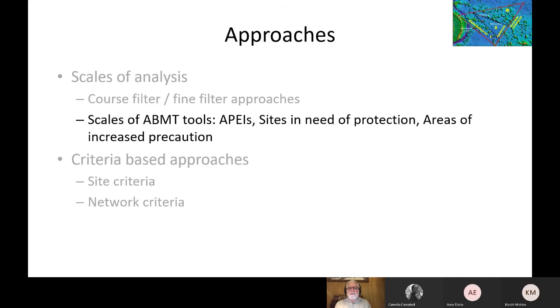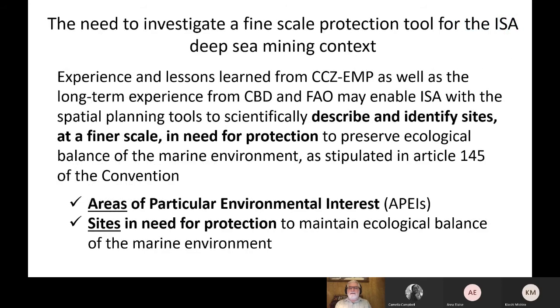When we're thinking about these area-based management tools, we need to think about a collection of different tools. And an issue that has come up in the last year or so with the ISA is the ability to define, in addition to APEIs, site scale, fine scale tools in the ISA context.